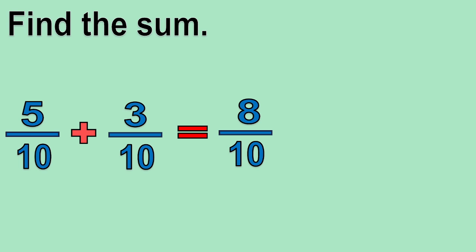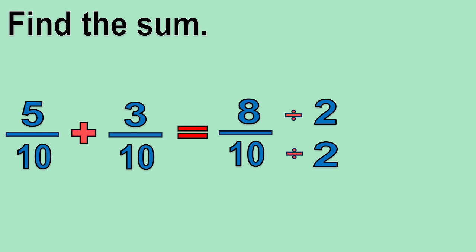Let's convert or reduce our answer into its lowest term. To reduce the fraction, divide both numerator and denominator by the GCF or the greatest common factor. So, the greatest common factor of 8 and 10 is 2.